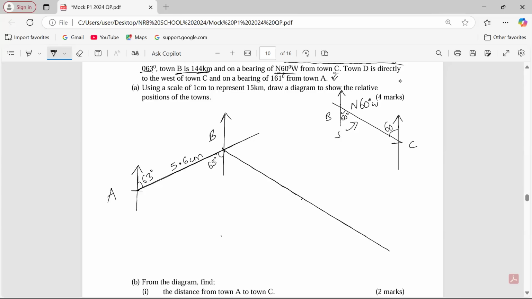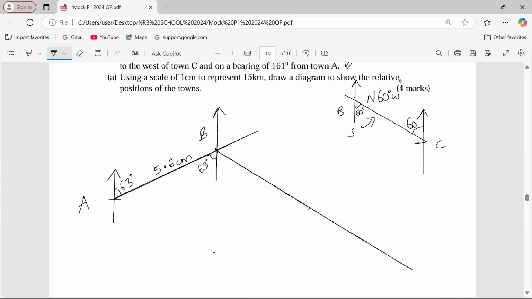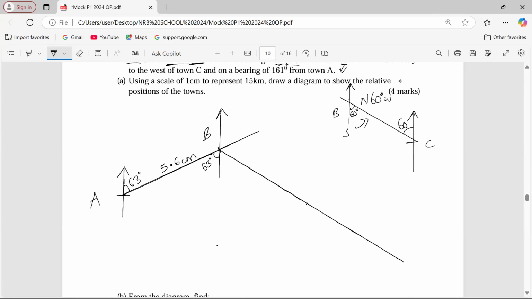Then now to my ruler. Just a minute, I have to ensure that some things are very accurate here.